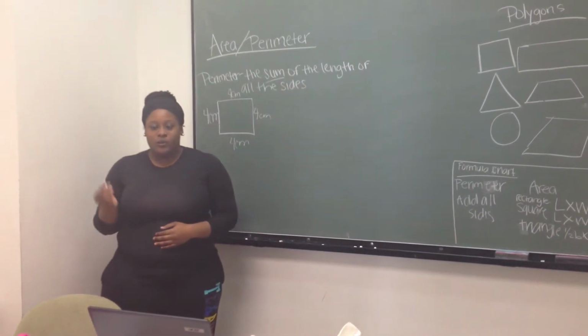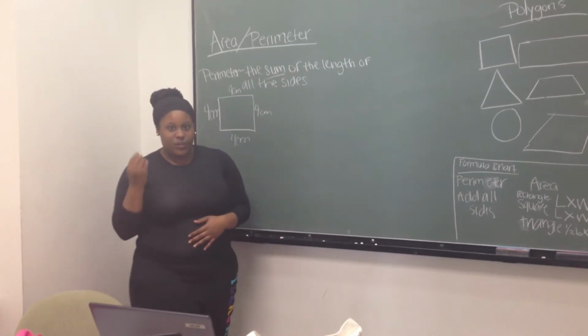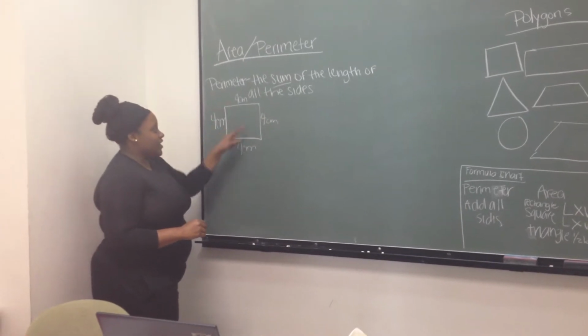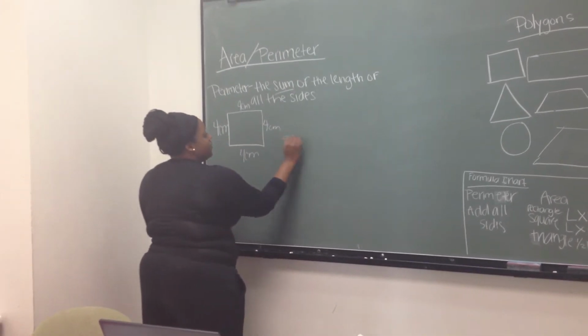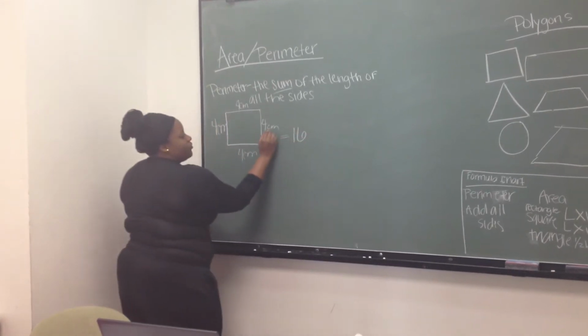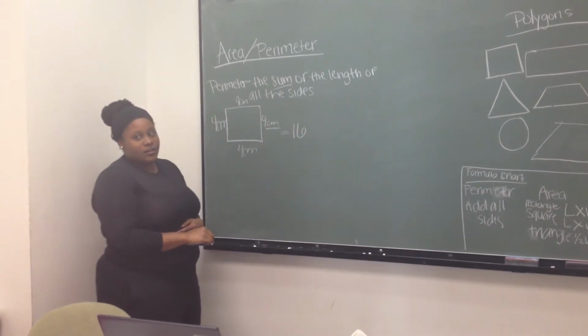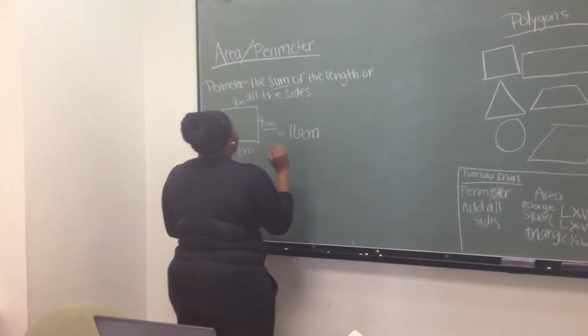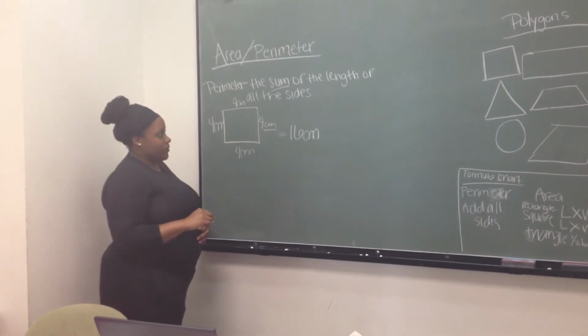And when we hear the word sum, that lets us know we can add. So when we add all the sides, what do we get? 16. 16 what? Always remember to use your centimeters. 16 centimeters. And that's how we do perimeter.